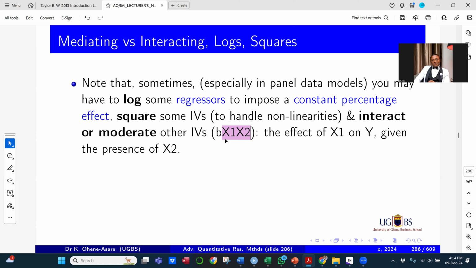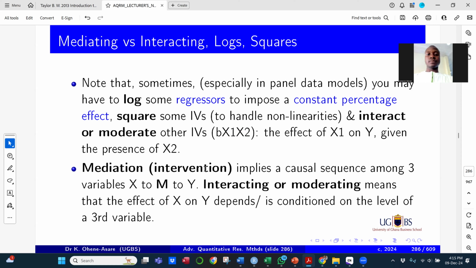So when x2 is there, let's look at the effect of x1. That is what that interaction you are seeing here means. So B1 will tell you by how much x1, given the presence of x2, influences the dependent variable. So in some cases, you got to take a moderation interaction of the variables.